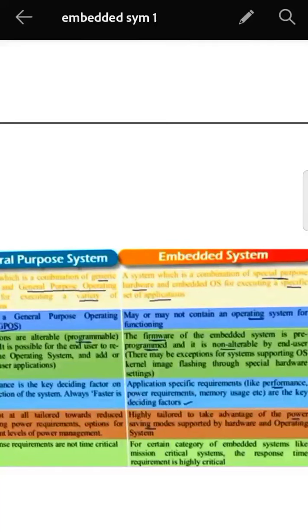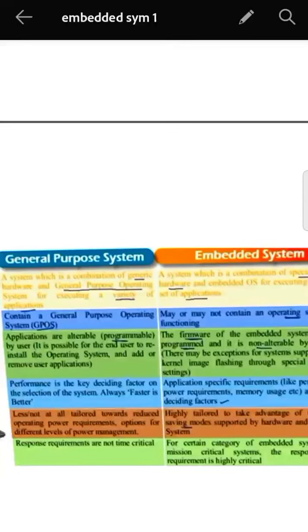In the embedded system, the operating system will support the power saving requirement, but in the general purpose system it is less. Different levels of power management will occur in the general purpose system.